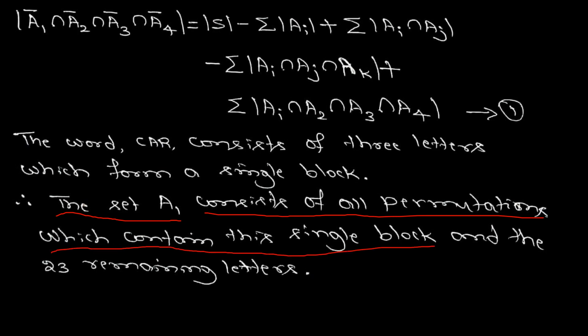So in all the permutations in A1, the word car is there. We consider the car word as a single block and the remaining 23 letters, because total letters are 26.